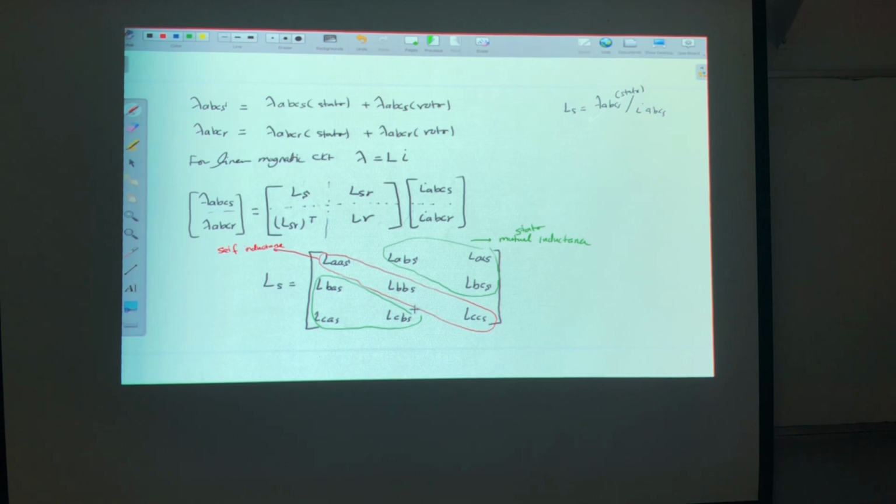Okay. Now I need to calculate those. So I will start with the stator self-inductance.